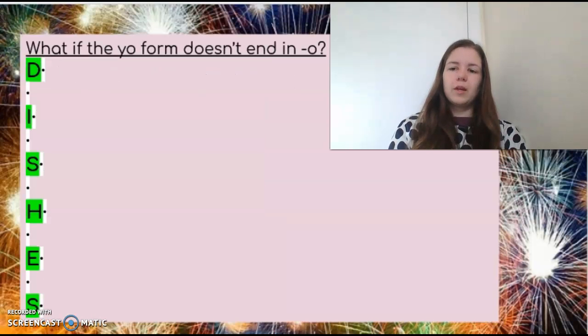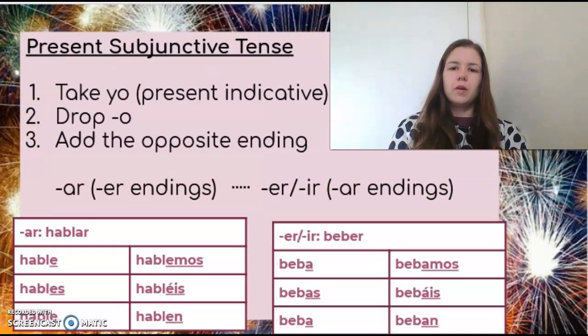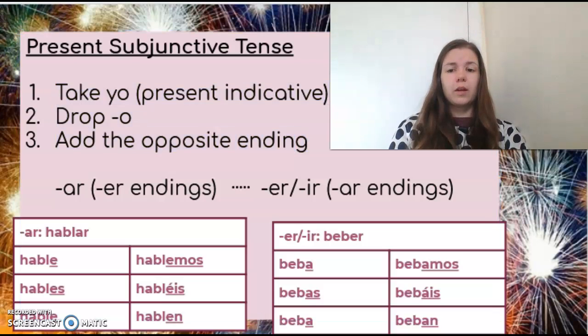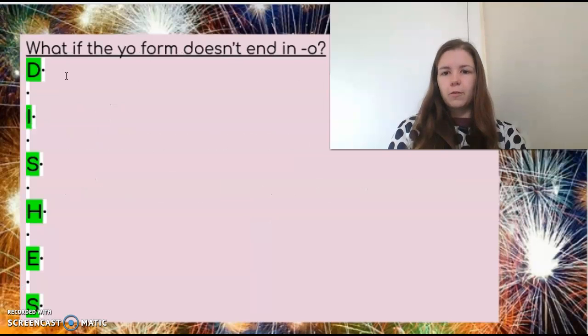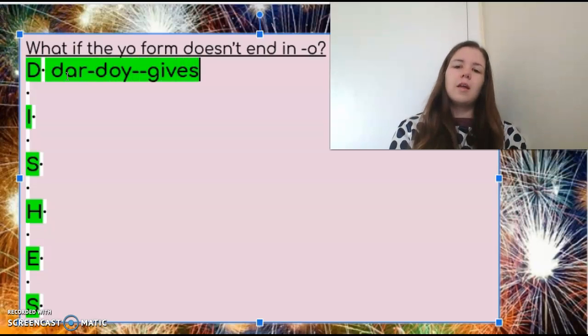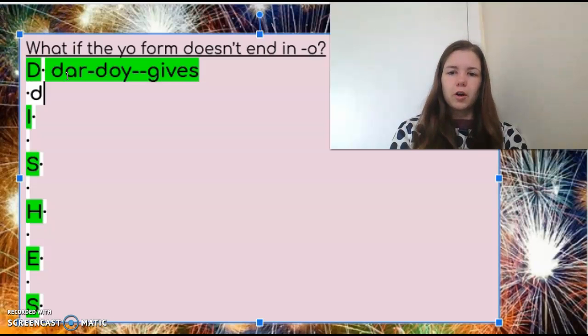So sometimes we keep going through this step: take the yo form, drop the O, add the opposite ending. Sometimes some verbs don't end in O in the present tense. Most verbs that don't end in O are dar, which changes to doy, that means I give. In the present subjunctive tense, dar is going to change to dé with the accent mark.